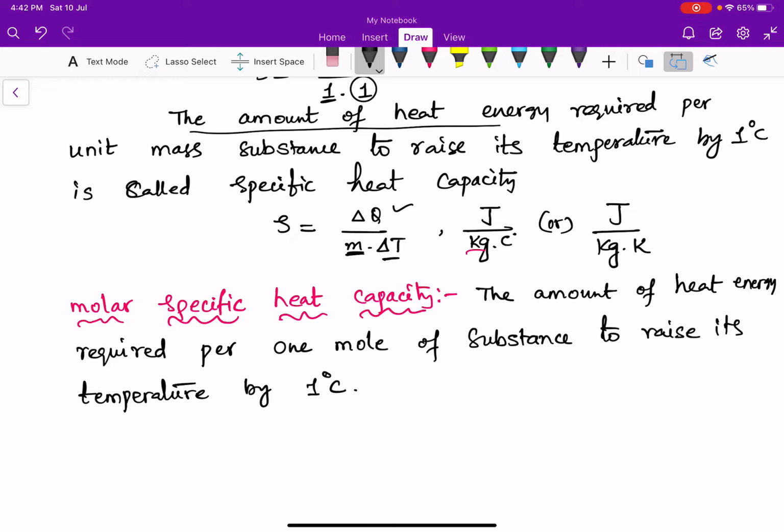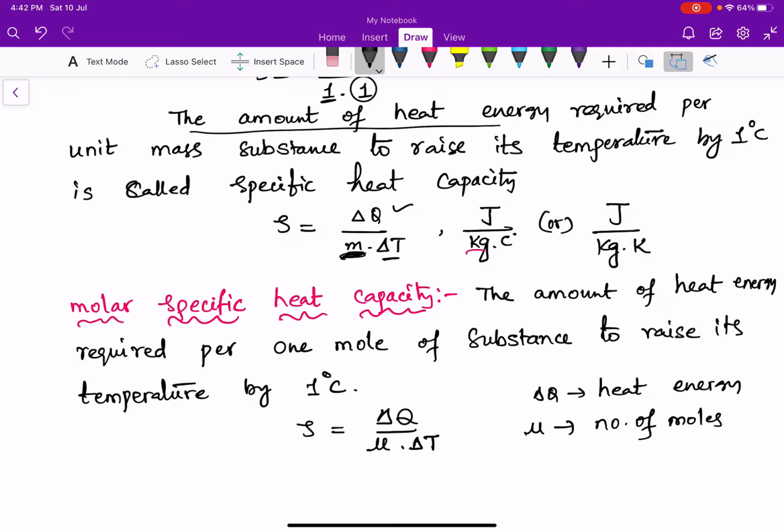So now the molar specific heat capacity is equal to simply delta Q divided by, instead of mass, we take the number of moles, mu, into delta T, where delta Q is nothing but heat energy required, and mu is nothing but the amount of substance, that is the number of moles.